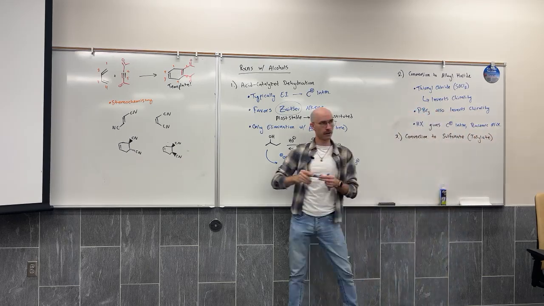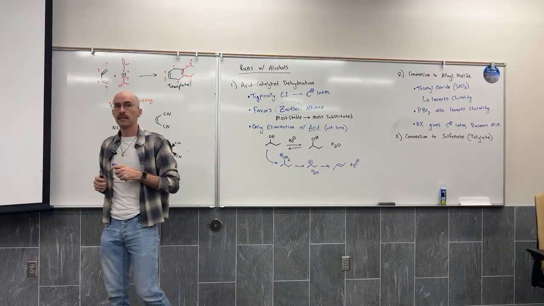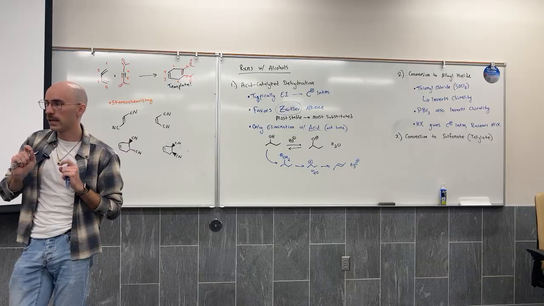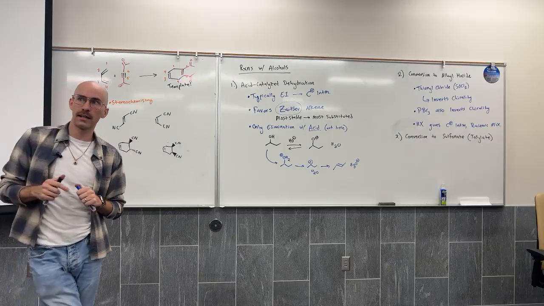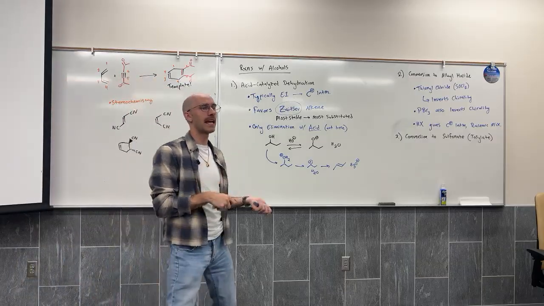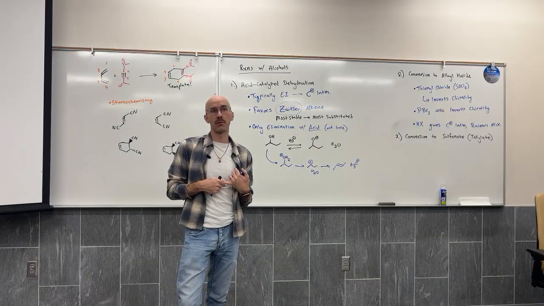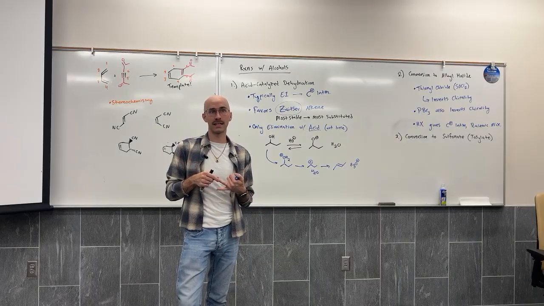The last thing that I want you guys to be familiar with doing is taking this to a pseudo halide, not into an actual alkyl halide, but into a group that behaves like an alkyl halide. These are sulfonates, and the ones that we're going to work with is tosylate.